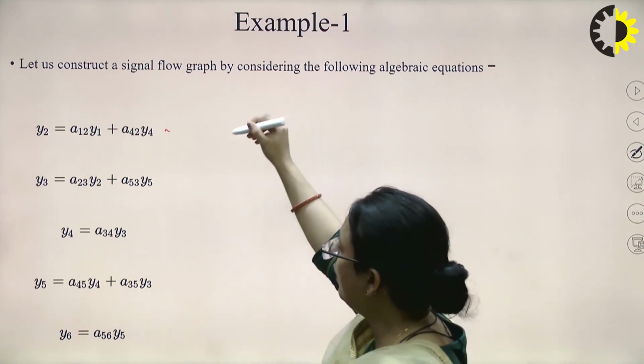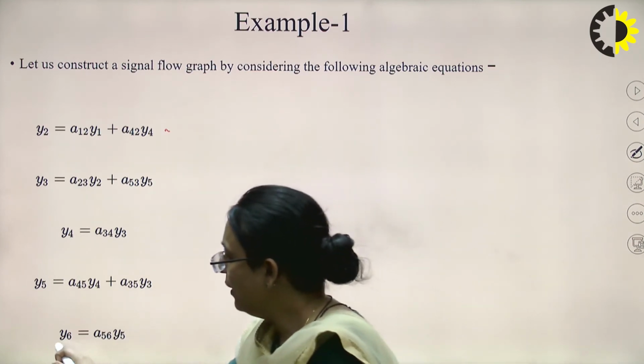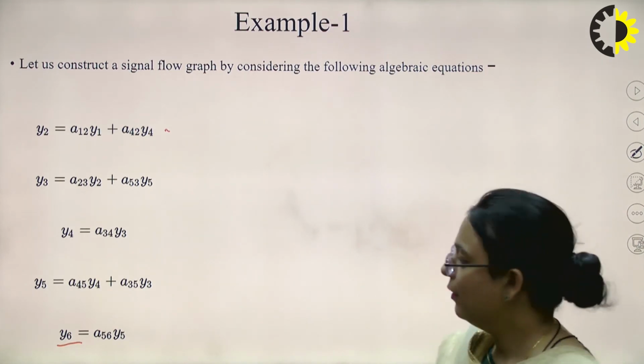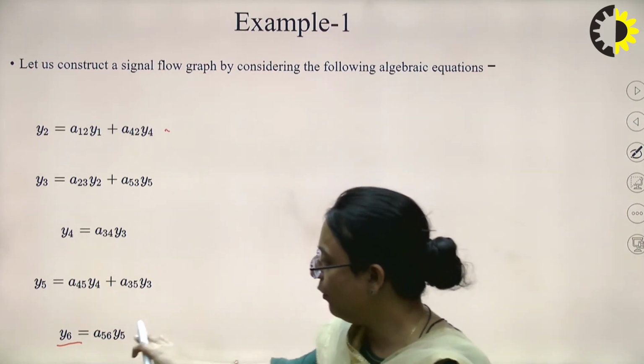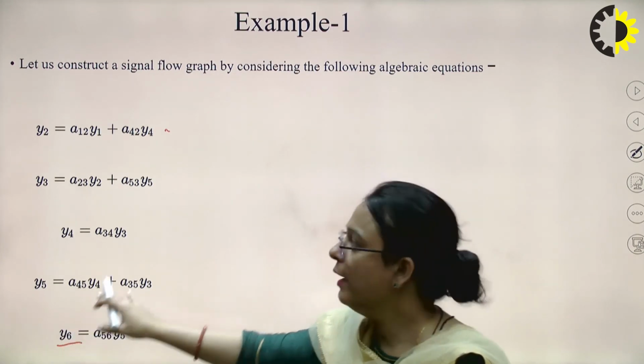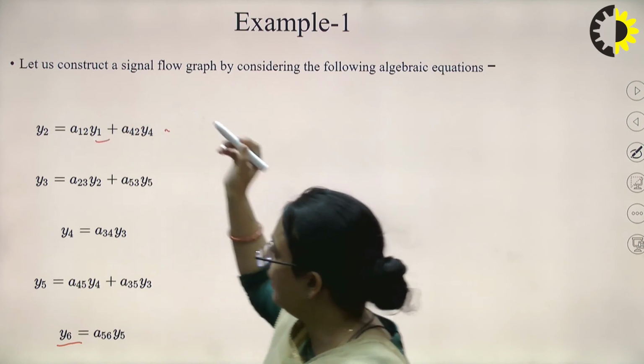First of all, let's say y6 is the output, because no other node is dependent upon y6, and y1 is the input.